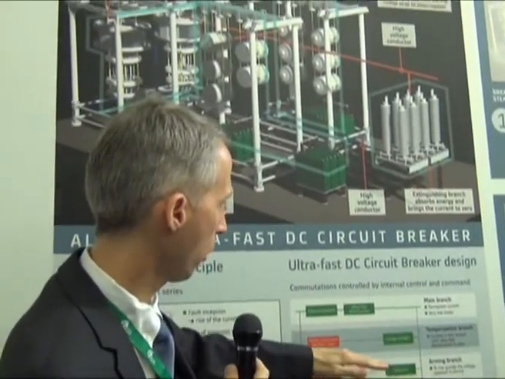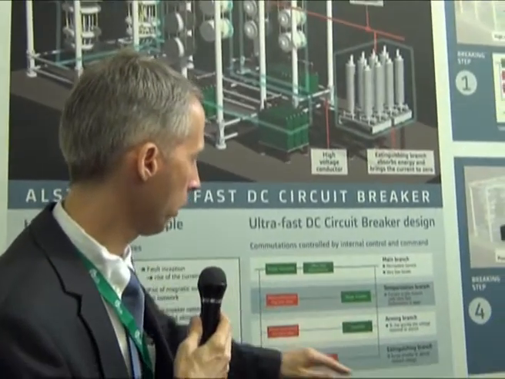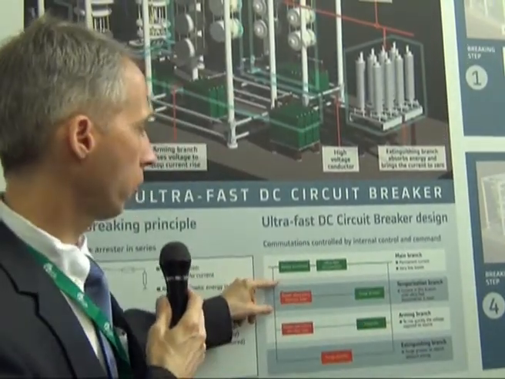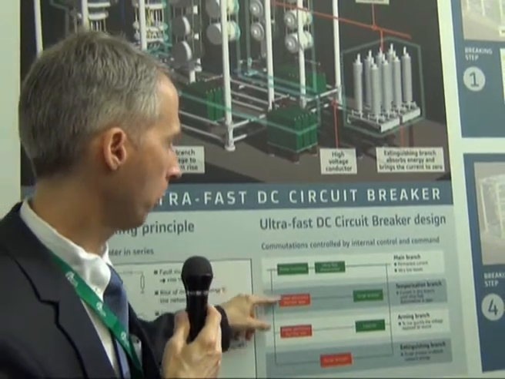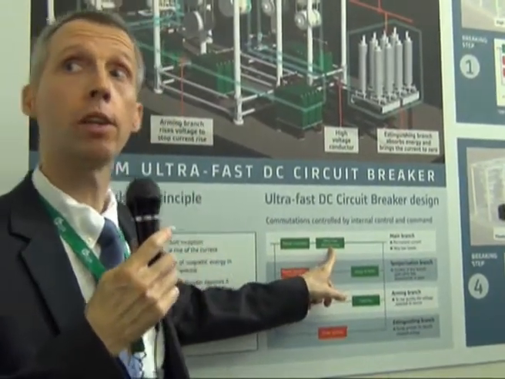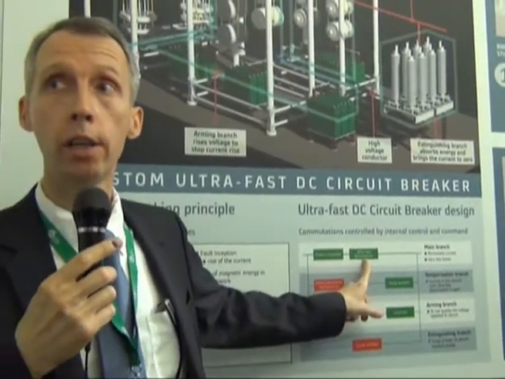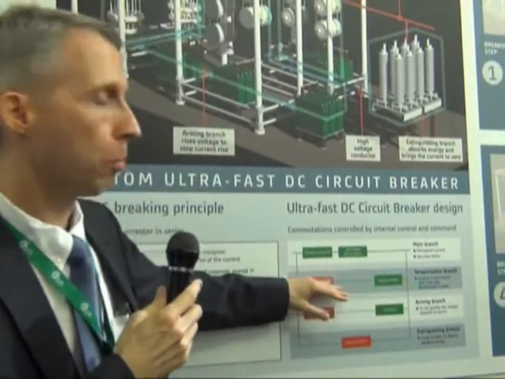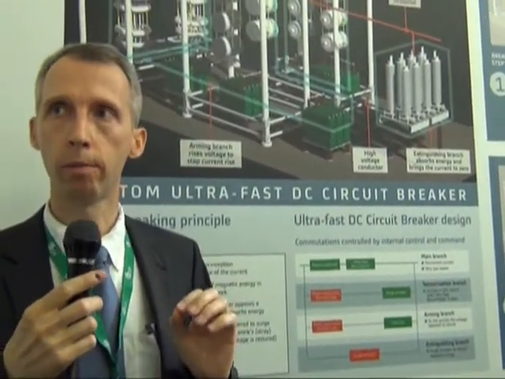And we have other branches in parallel, three of them. One here, what we call the temporization branch. This is the branch in which the current will be diverted in order to have this opening without any load. That's important in order to reduce any electrical erosion on the contacts. But this opposes a very low voltage.